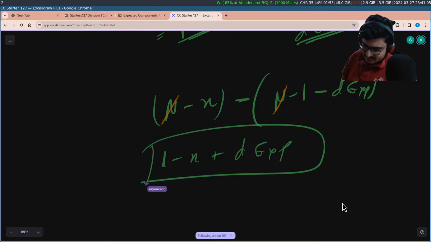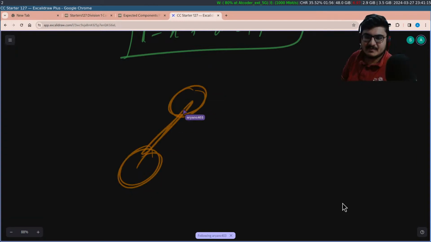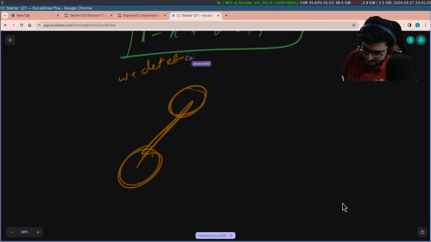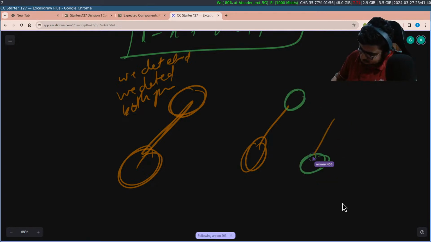And now each edge can be deleted in 2 ways. Either we pick the set in such a way that we pick both the endpoints of the edge, or we delete only one endpoint of it.